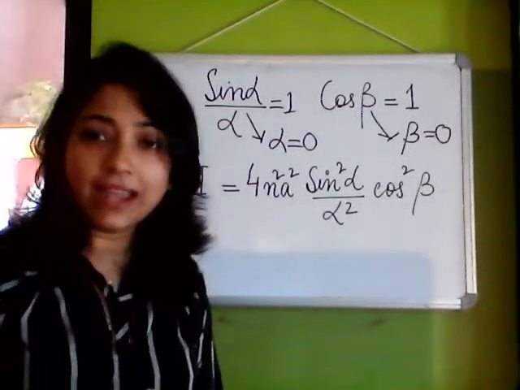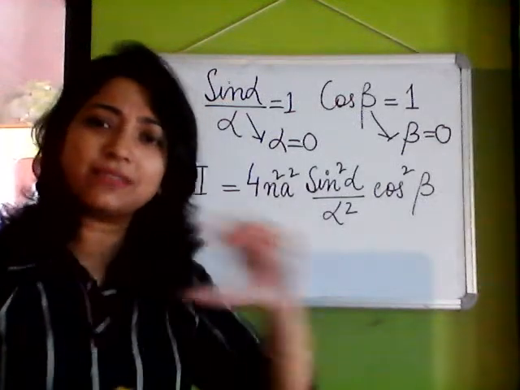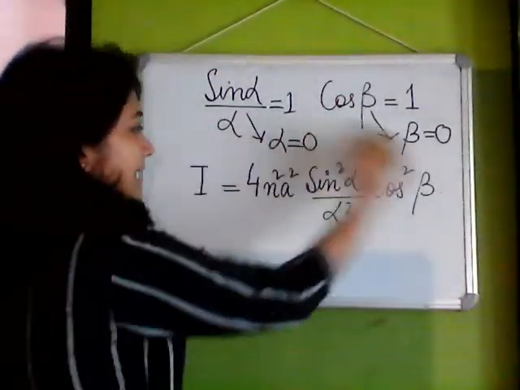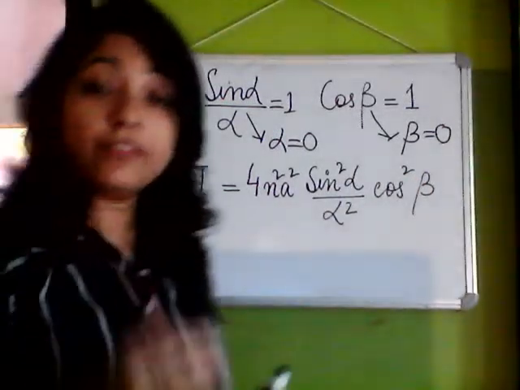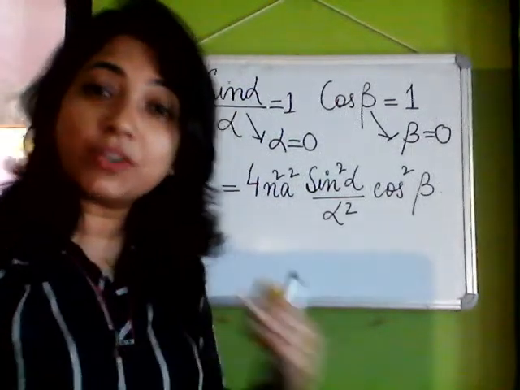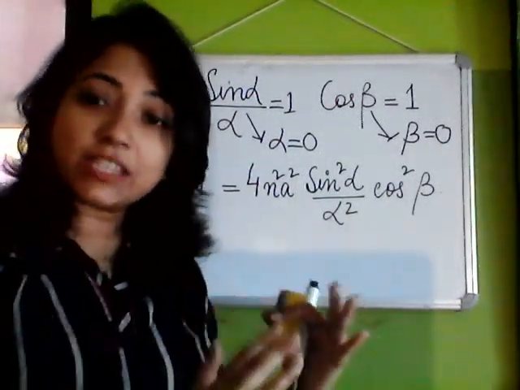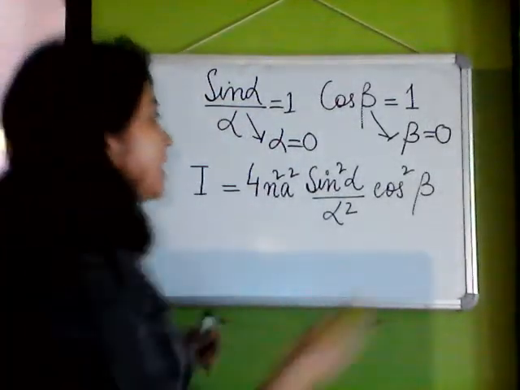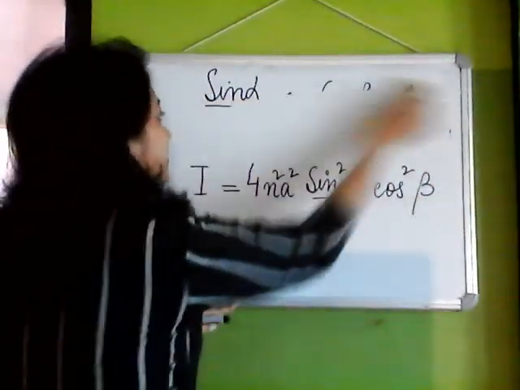Yes, Arjun, you are right. Alpha tending to 0, or actually it is very small alpha, or alpha is equal to 0. Right. So, as I was telling you all, we will now have to discuss individually the maxima and minima conditions for the diffraction, as well as maxima and minima conditions for interference. All right. So, now let us move forward.